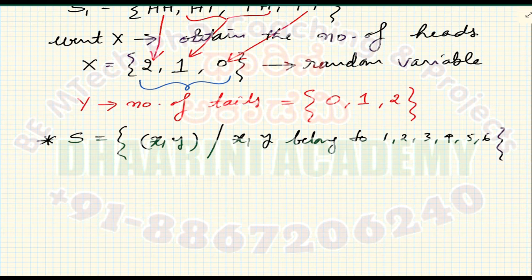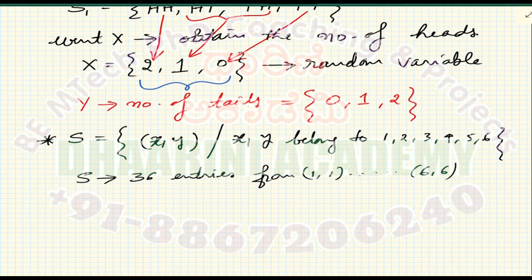If I fill it, I know that this S has 36 entries, from (1,1) dot dot dot till (6,6): (1,1), (1,2), it will come. It's not like 1 1, 2 2, 3 3, it's in that way. Total 36 entries I have.